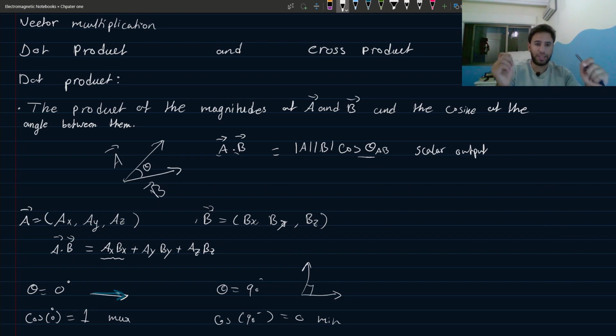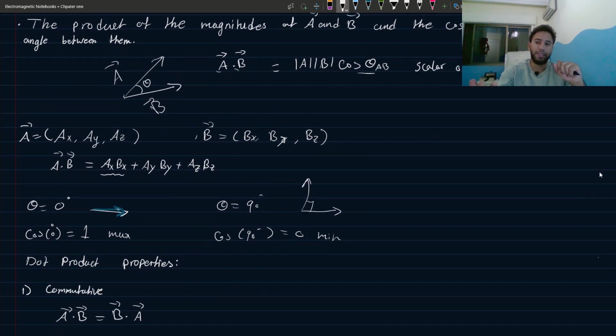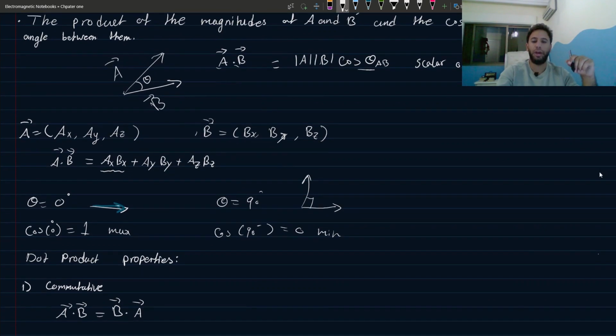It gives us a scalar output. It's as easy as multiplying the like components: AX multiplied by BX plus AY BY plus AZ BZ. When the two vectors are parallel to each other, we get the maximum value, and when they are perpendicular to each other, we get the minimum value.